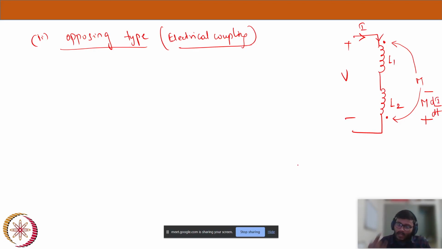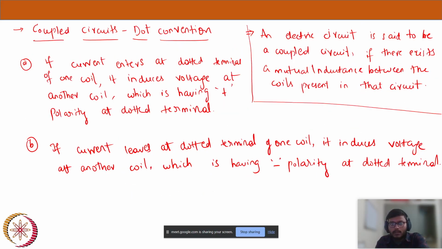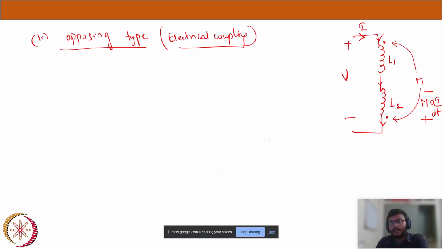Now look at the second coil. It's different in this case because the current is leaving at the dot here. Let's go back to that statement, point B here. If a current leaves at the dotted terminal of one coil, it induces a voltage in another coil which has negative polarity at the dotted terminal.